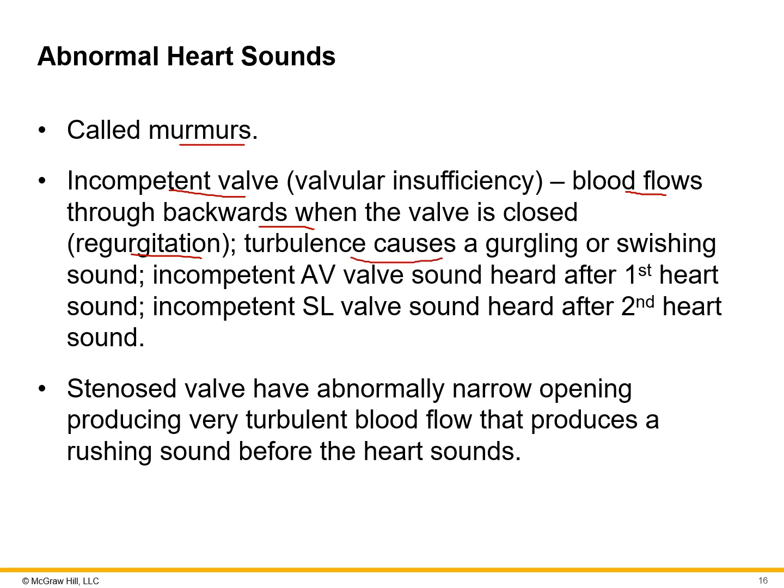So that turbulence causes a gurgling or swishing sound, and that is detected as a heart murmur. Then the stenosed valve have abnormally narrow openings, producing very turbulent blood flow, and that produces kind of a rushing sound before the heart sound whenever that happens.